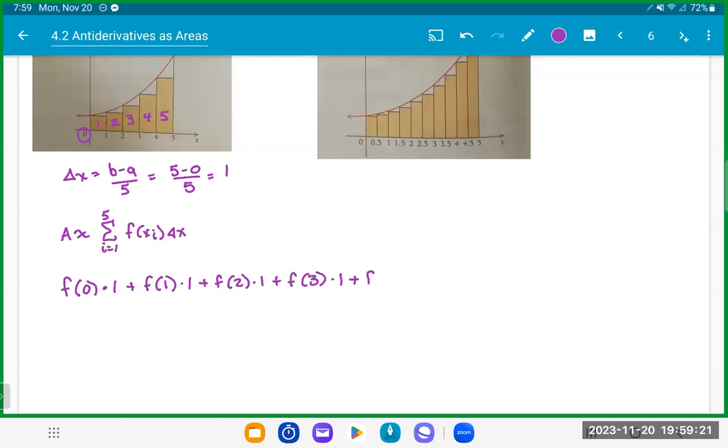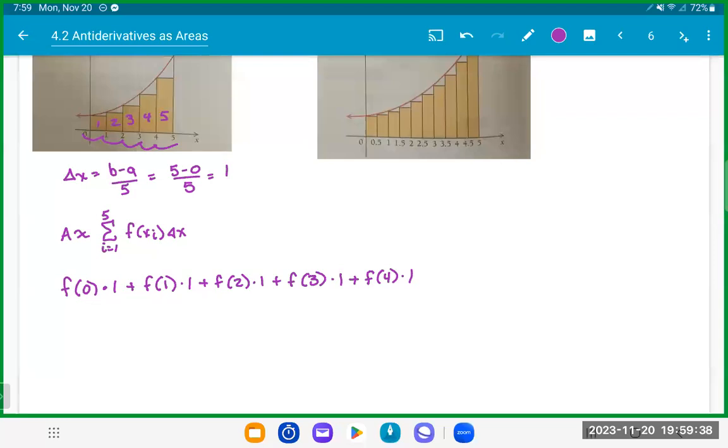And plus f of 4 times delta x, okay? So that gets me all 5 of my boxes, so it goes from 0 to 1, 1 to 2, 2 to 3, 3 to 4, 4 to 5, okay?